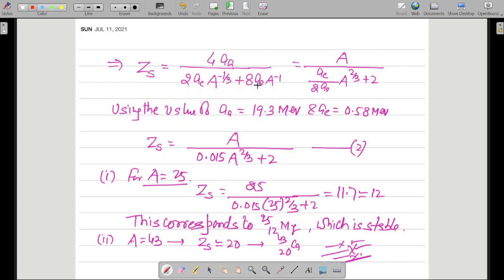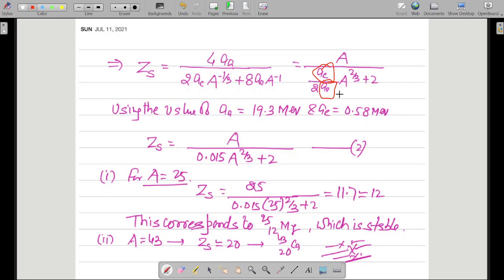Now using the value of aa, what is the value of the asymmetry energy? We know this very well, that it is 19.3 mega electron volt. So the asymmetry term coefficient we already know, aa equal to 19.3 mega electron volt, and the Coulomb coefficient ac equal to 0.58 mega electron volt.